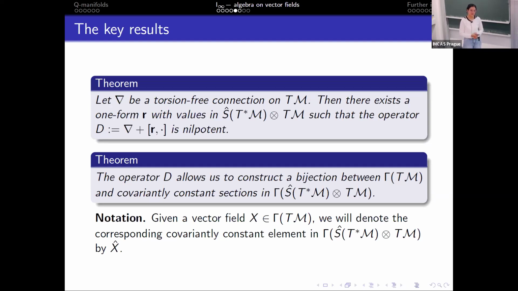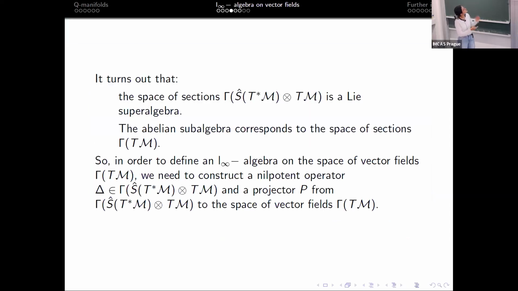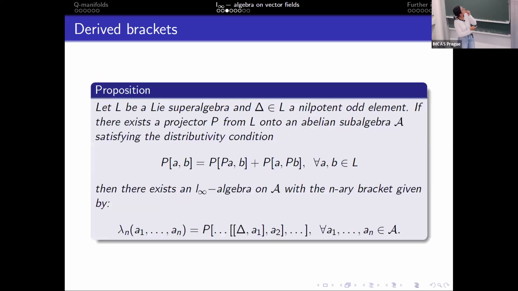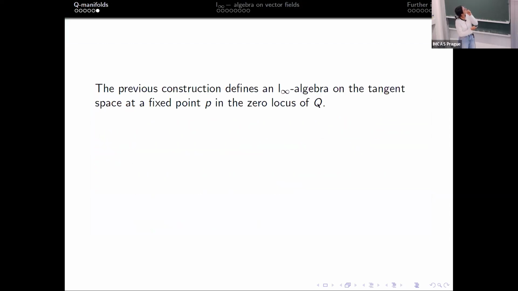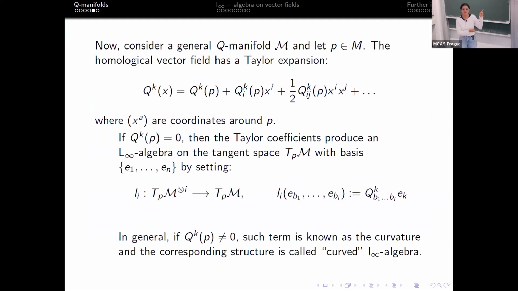Use the chart to write the formulas, but once you wrote the formulas, I think the brackets don't depend on the coordinates. No, because you see that in the previous slide, like here, you are taking Taylor coefficients of the Q field.